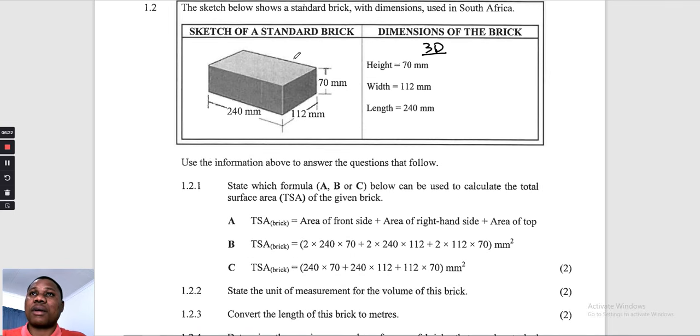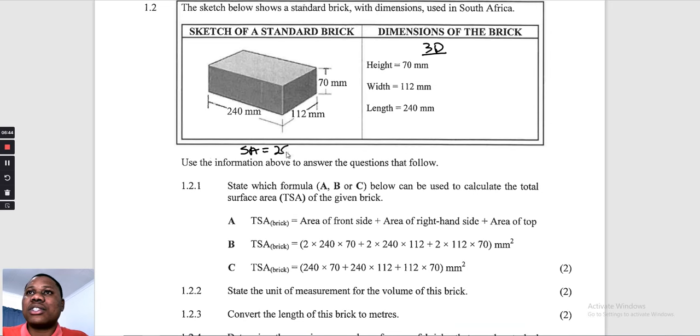the shape of our brick is a rectangular prism, and we know that the surface area of a rectangular prism is equal to 2. Remember, you must not depend on what you're given. You must always know that when I calculate the surface area of a rectangular prism, this is what I'm doing.